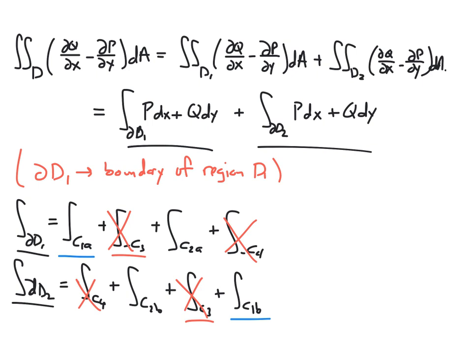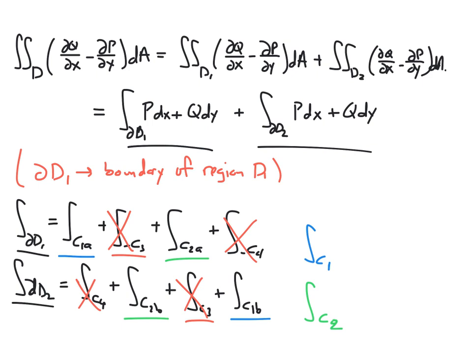When we add those two together, we're going to get just the integral over c1. Right? c1a and then c1b, if we follow both of those in order, we get the entire curve c1. And lastly, we have c2a and c2b. When we add those together, we're going to get the integral over c2. Right?